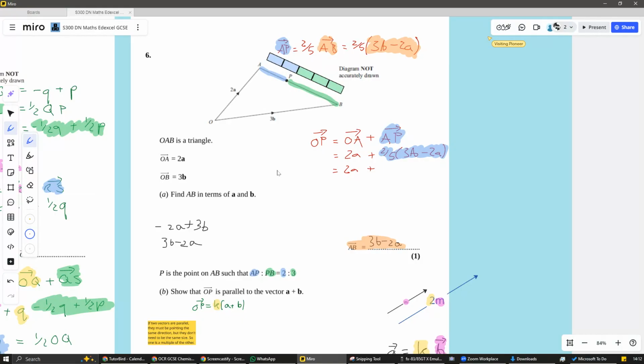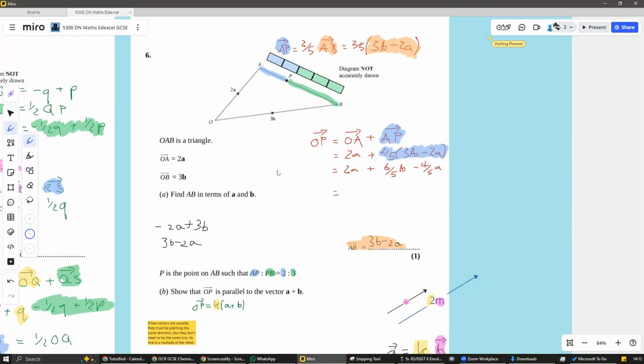So we just multiply the 2 by 3, so that's 6 over 5b minus 4 over 5a. Okay, that's what OP is, and this is the thing that we're trying to show is parallel to vector AB.